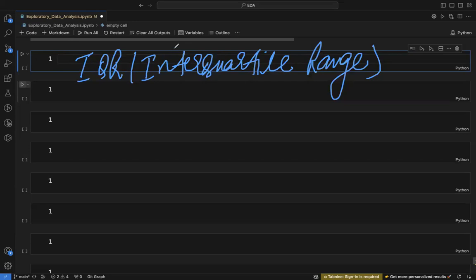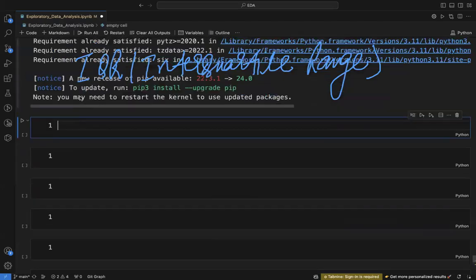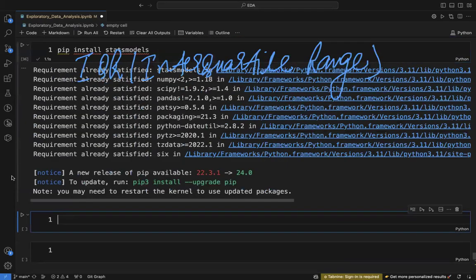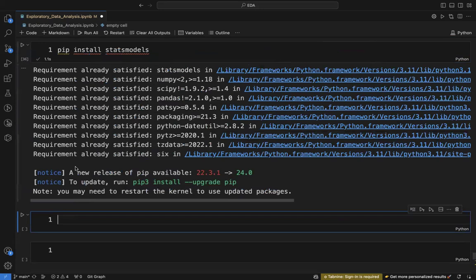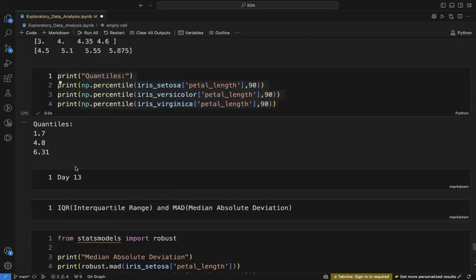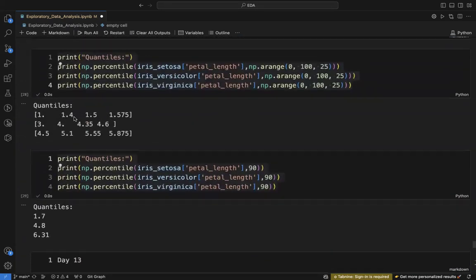Let's go back to the percentiles which I have calculated earlier. This is my 25th percentile, this is my 50th percentile, and this is my 75th percentile.